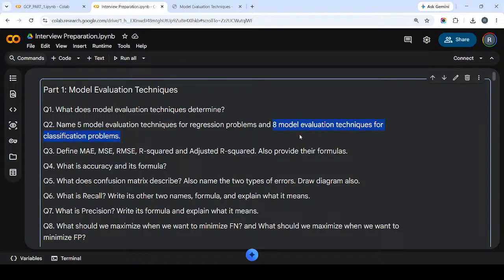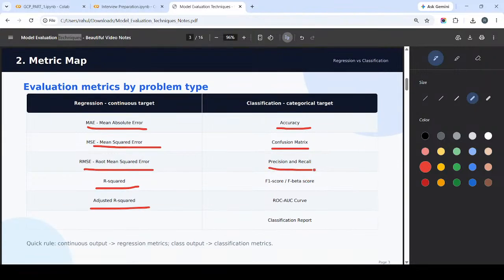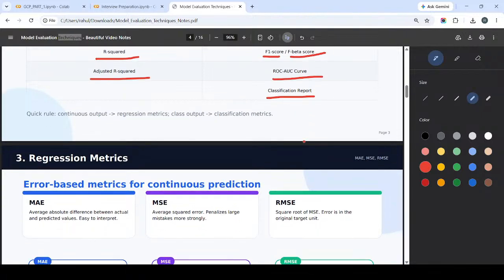So the model evaluation techniques will be accuracy, then confusion matrix, then precision and recall, then F beta score. If we provide the beta value as 1, then it becomes the F1 score. Then we have the ROC AUC curve, and then the classification report. All of these we will discuss in detail.